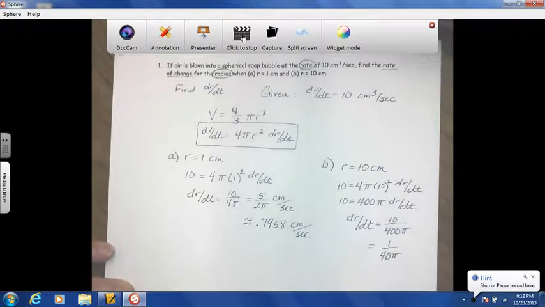The units, once again, the units for the radius are length, centimeters, and time, seconds. If you would like to convert it to decimals, that's going to be 0.00795 centimeters per second.